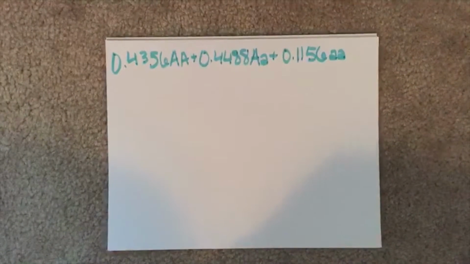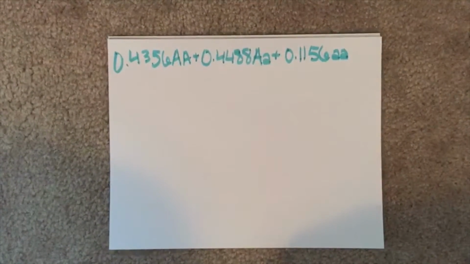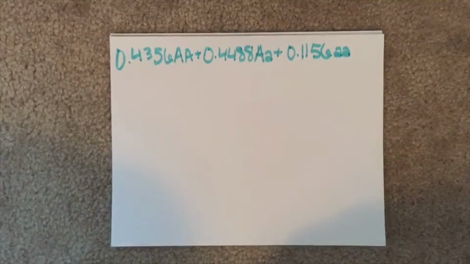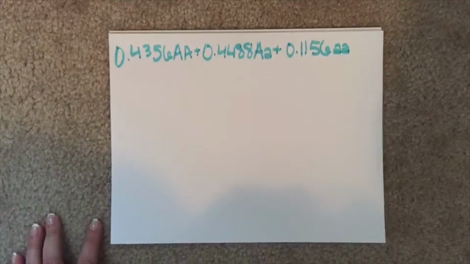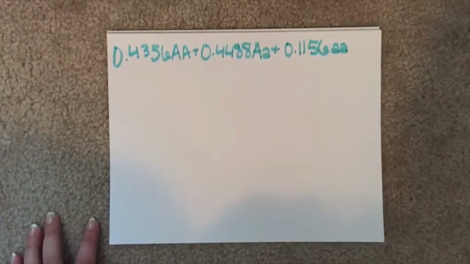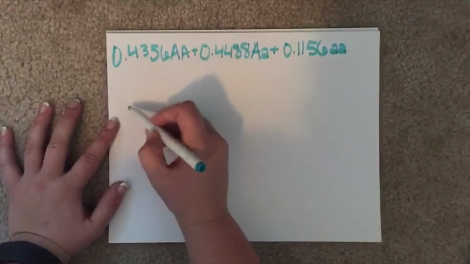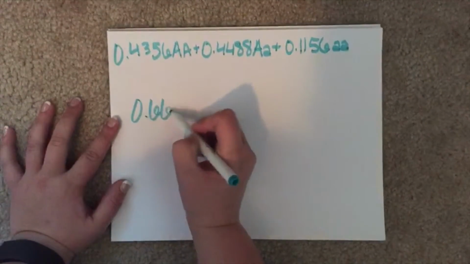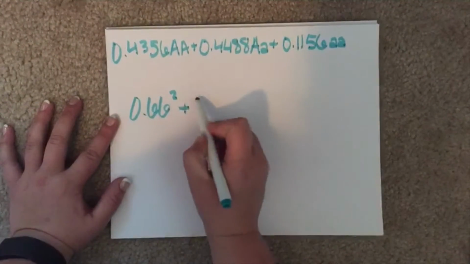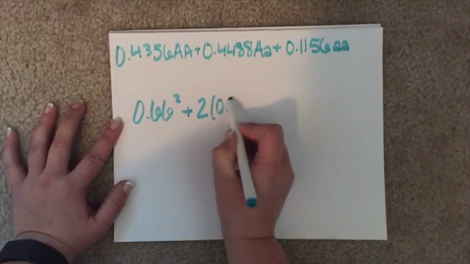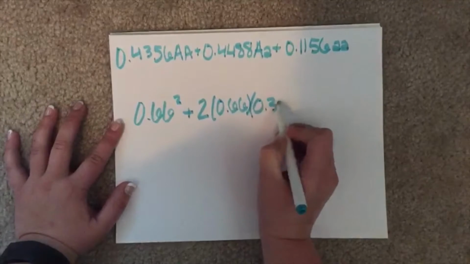I will now explain a good way to check your answer and make sure that you got the correct genotypic frequency after 1 generation. First, you take both of your allelic frequencies and you plug them into the equation that we used to find our genotypic frequencies. So to check, plug in the numbers like this. 0.66, which is your p-value. You square that plus 2 times 0.66 times the q value of 0.34.